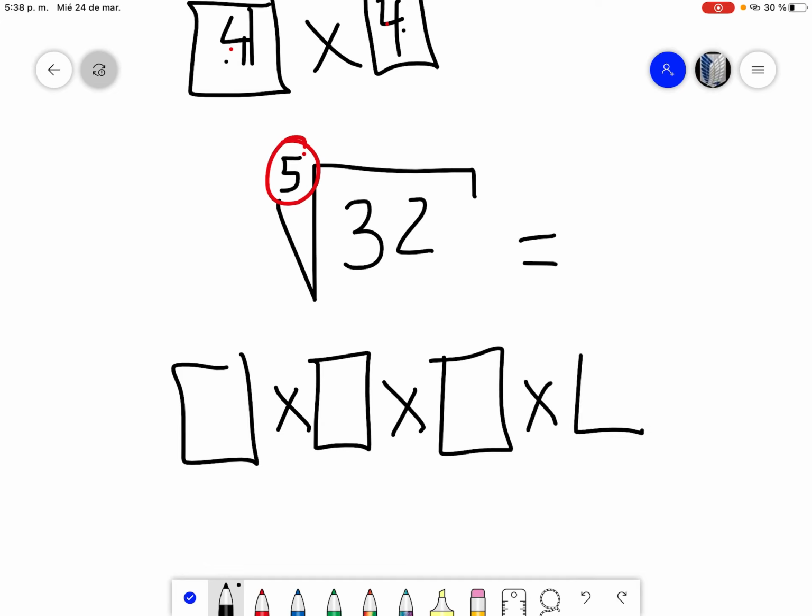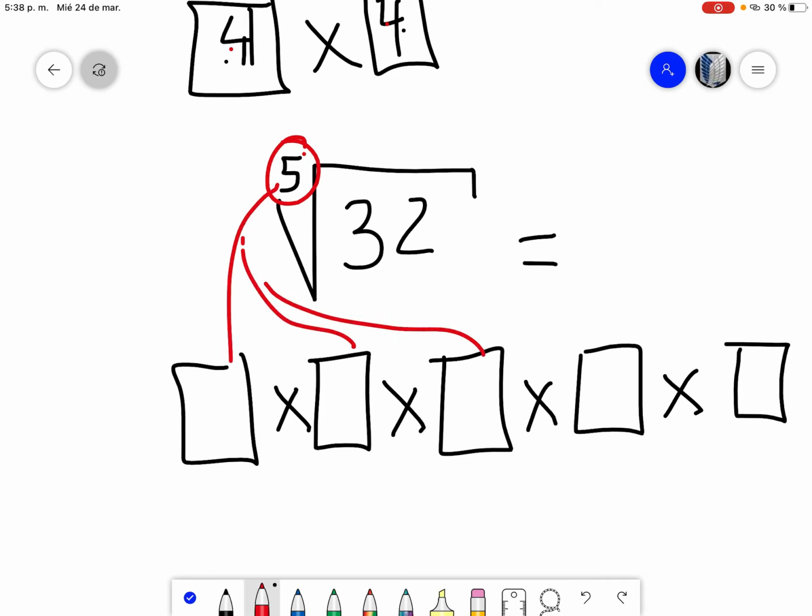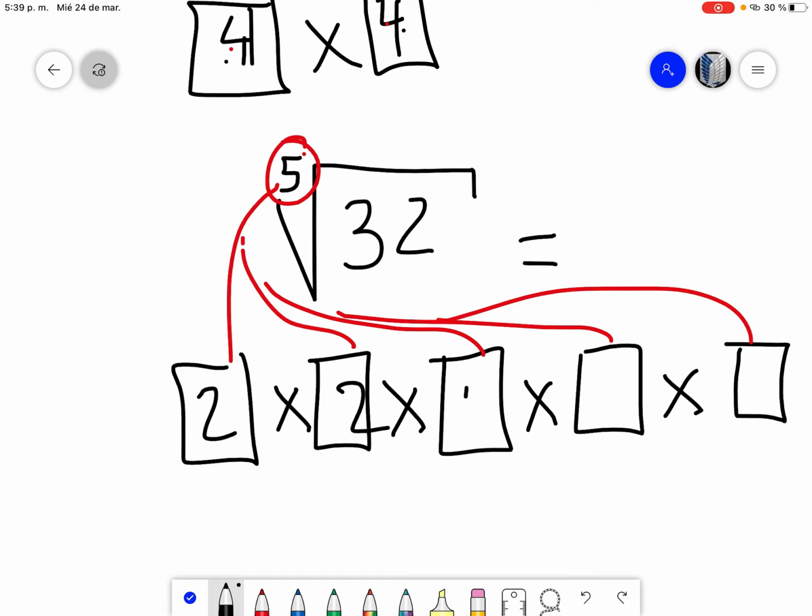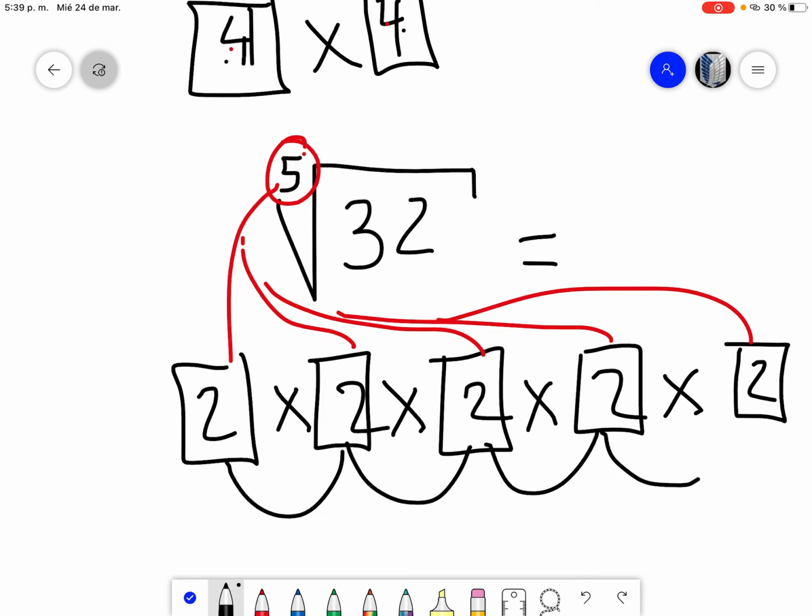So 5 times, 1, 2, 3, 4, 5 times. What number if you multiply it by itself 5 times do you get 32? It's 2. 2 times 2 times 2 times 2 times 2. Okay, because 2 times 2 is 4. 4 times 2 is 8. 8 times 2 is 16, and 16 times 2 is 32. So the result is 2.